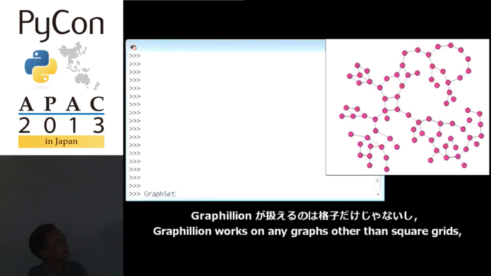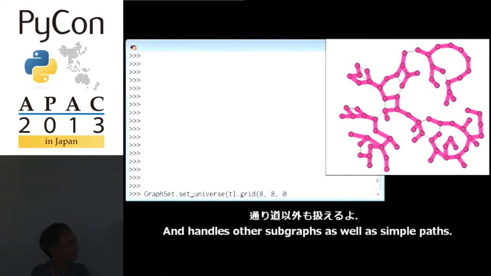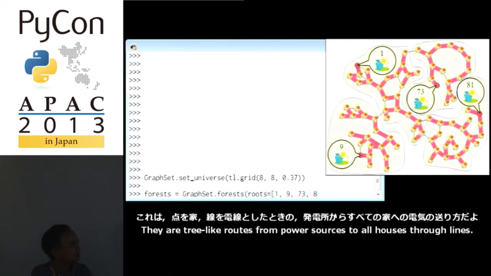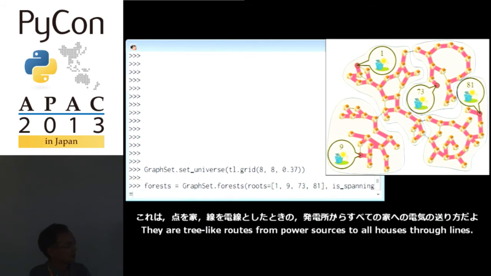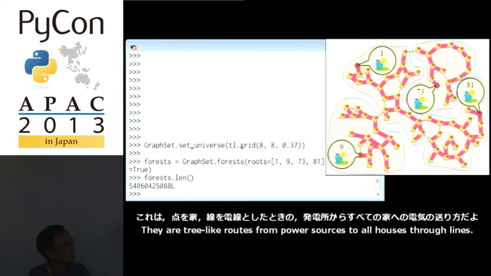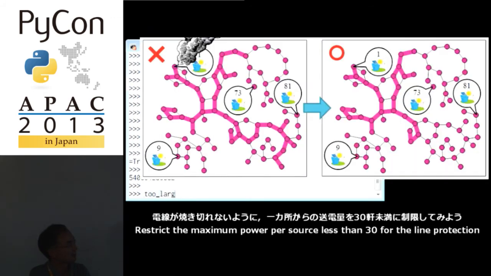Okay, let's get back to the demo. There are tree-like routes. This is a tree-like path from power source to all houses through lines. We restrict the maximum power per source to less than 30 houses for line protection.